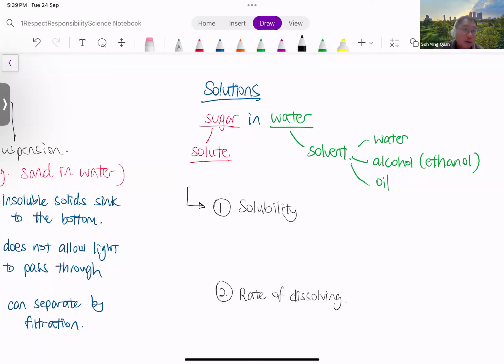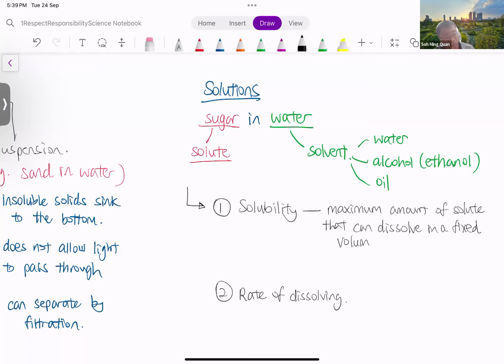So if you recall from the lesson today, I mentioned solubility. Solubility is actually the maximum amount of solute that can dissolve in a fixed volume of solvent.